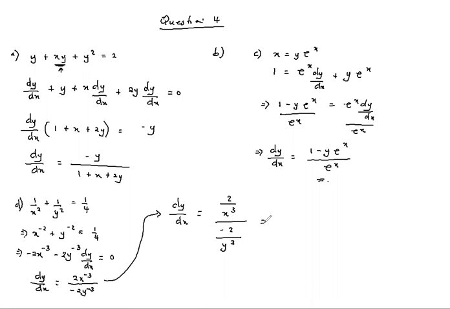So this means that we have 2 over x^3 multiplied by y^3 over -2. So we have negative y^3 over x^3. Others would want to write it as negative y over x, to the power 3. It's the same thing. That's how you get your dy/dx.